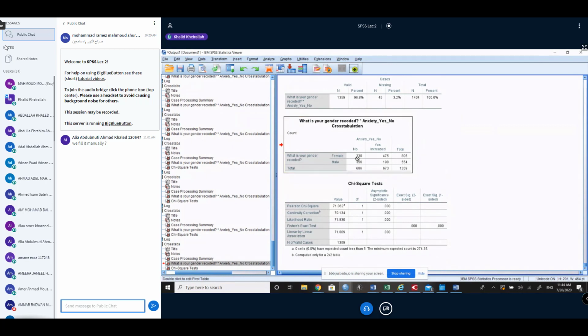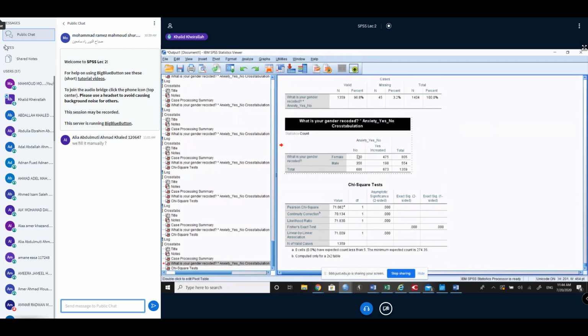It will have the numbers. So this is the number of females who reported not having anxiety, 330. 475 is the number of females who reported having anxiety. This is the number of males who did not report having anxiety. This is the number of males who reported having anxiety. This is 805, total number of females, 554, total number of males.